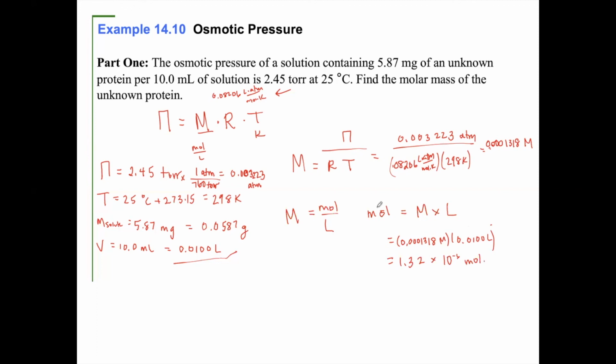Okay, now what do we do with this? We need to find the molar mass of the substance, right? Molar mass is in grams per mole, if you recall. So we have the grams of the substance and we have the moles of the substance. So we're just going to divide.